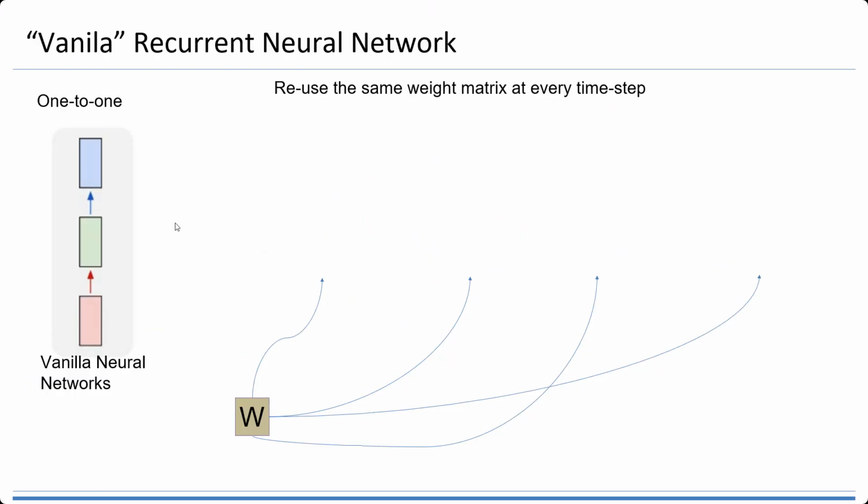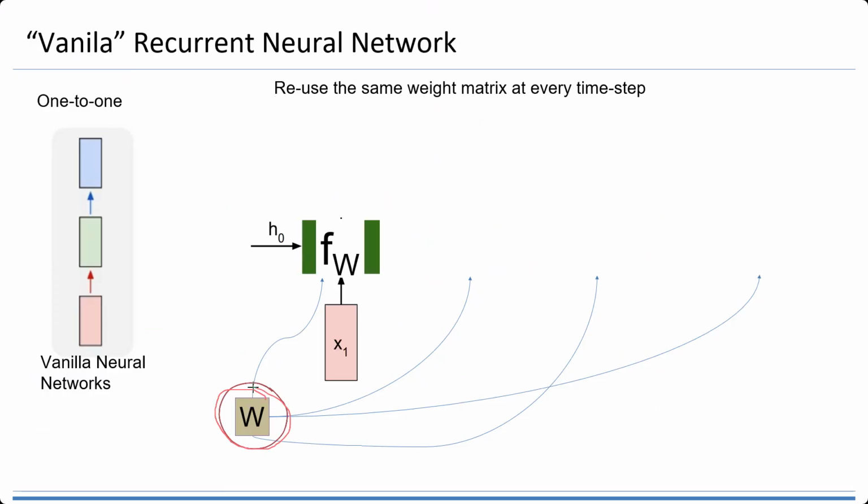So every time it will be calculated using the same weight matrix. So reuse the same weight matrix at every time step. For the first, we may have a particular weight, and we use this weight to calculate the next hidden state. And after that, we will again do the same with the same weight.